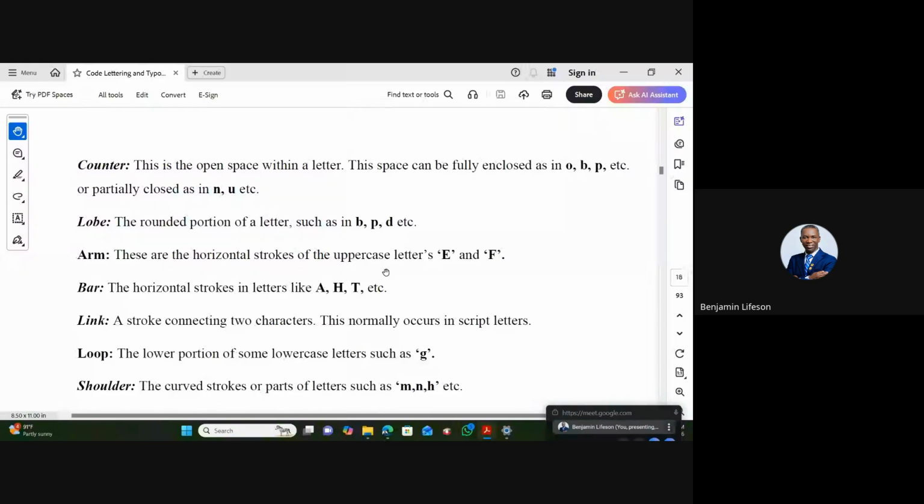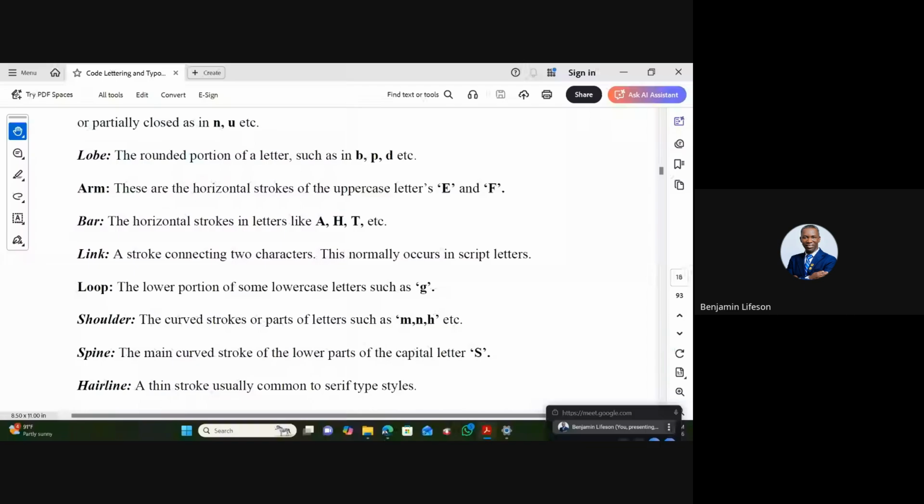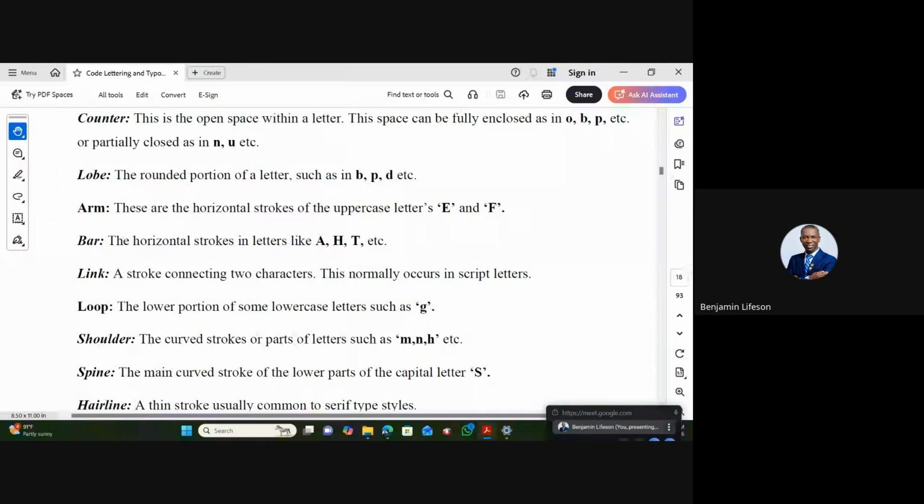Then we now move to the arm of a letter. What is the arm of a letter? The arm of a letter is the horizontal stroke of uppercase letters.